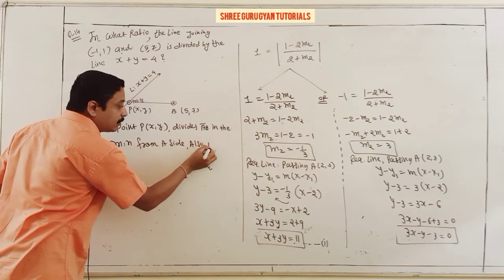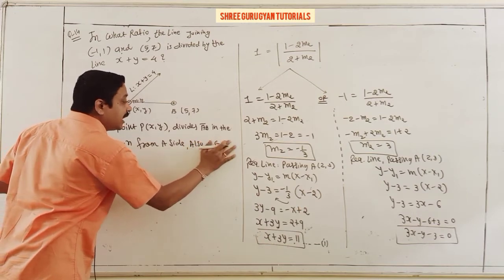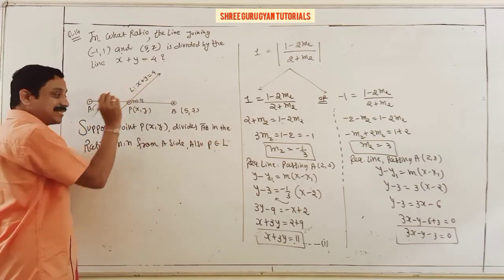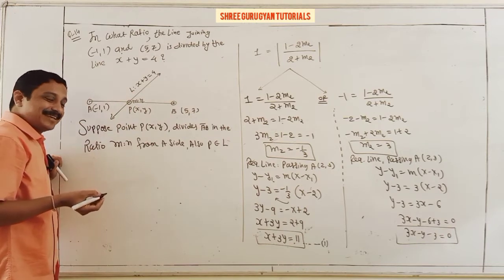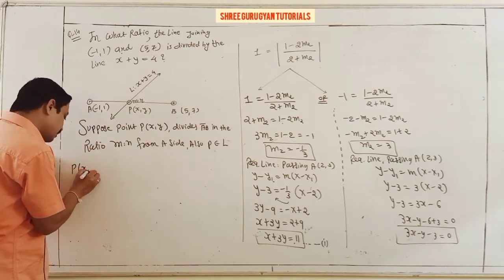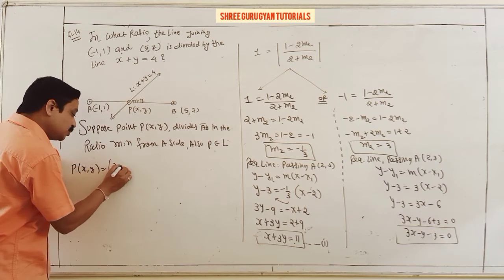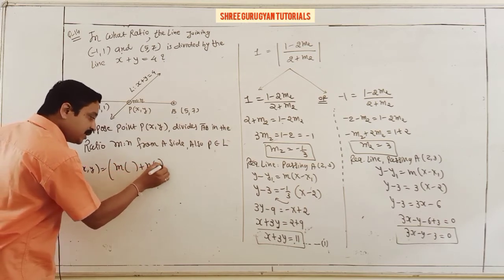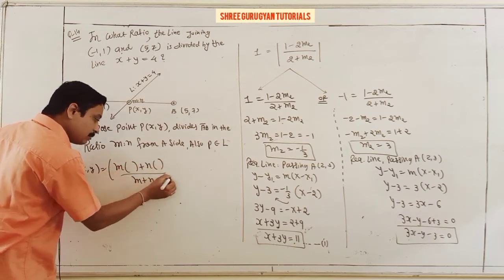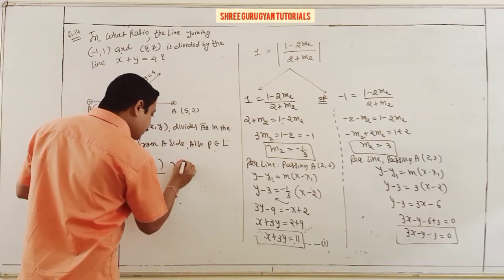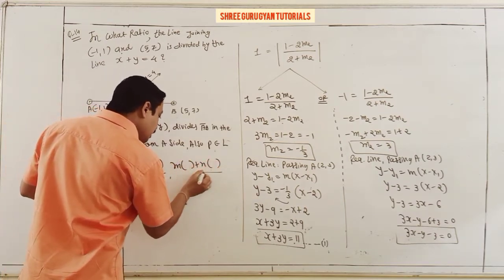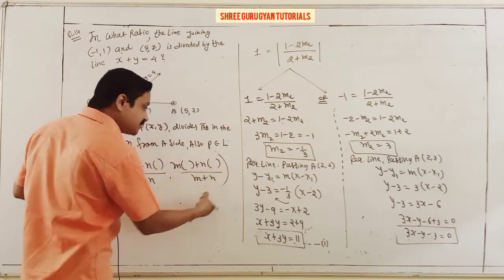Also, you will note that P belongs to the line L. Now you can start your ratio theory: x equals (m x2 plus n x1) by (m plus n), similarly y equals (m y2 plus n y1) by (m plus n).